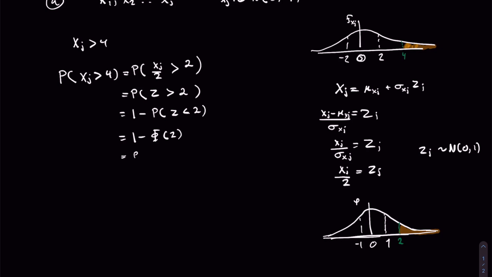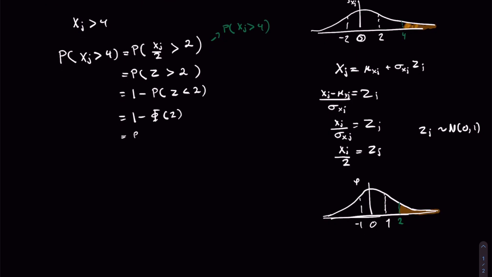Before we divide by 2 here, I'm going to just write it down to make it explicit, p xj larger than 4. Okay. Before we made the division, we see that this event is basically that event here.